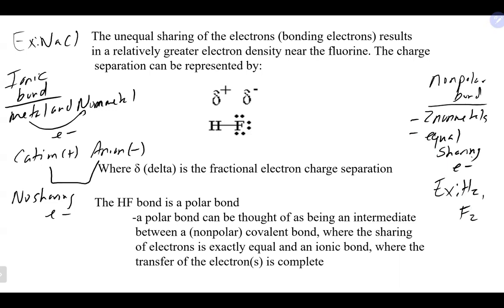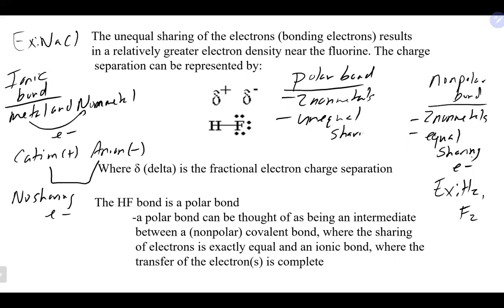And then in the middle of the two is a polar bond, or a polar covalent bond. That is also between two nonmetals, and this is unequal sharing of electrons, which results in an example like this, where we get those partially positive and partially negative charges.